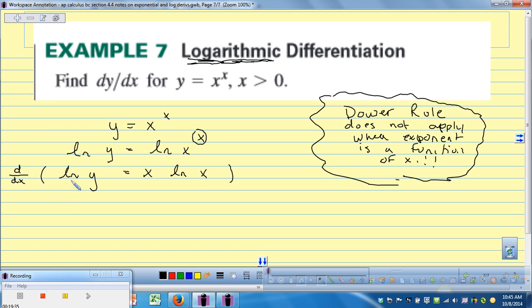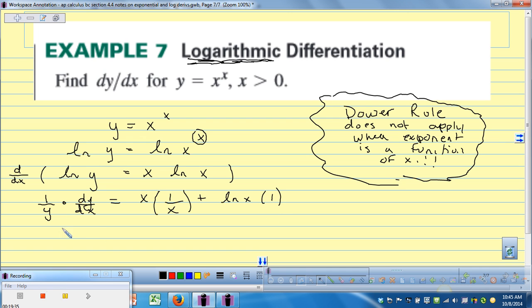So what is the derivative of natural log of y? 1 over y times dy dx equals, what will I need over here? Product rule. I'll need product rule. x times natural log of x. So, first times derivative of the second would be x times what? 1 over x. Plus the second, ln of x, times the derivative of the first, which is 1.